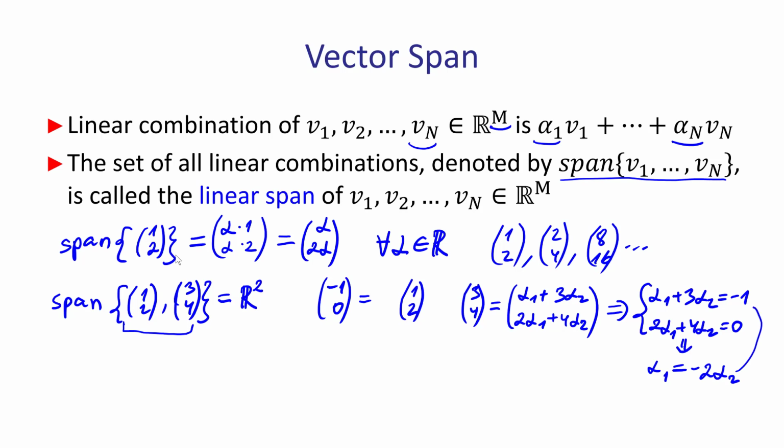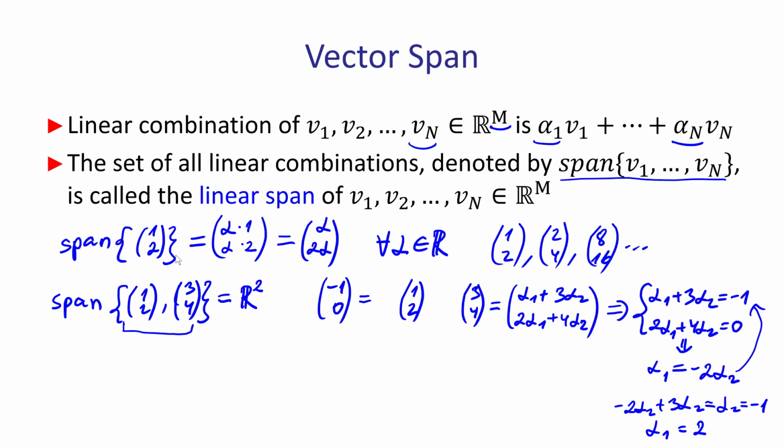Now let's put that into the first equation, and we'll get minus twice alpha 2 plus 3 alpha 2, which is also alpha 2, equals -1. And from here alpha 1 equals 2.